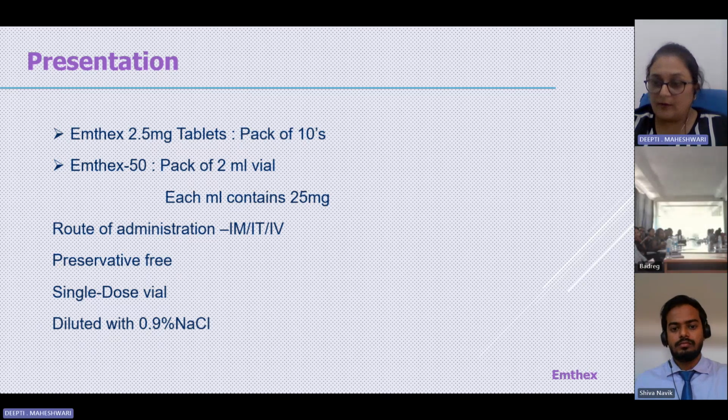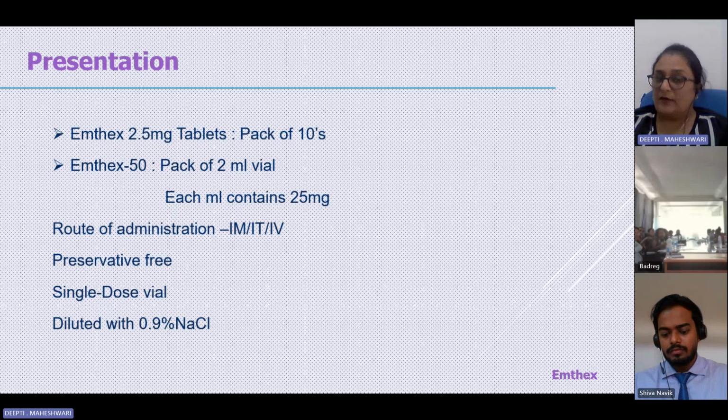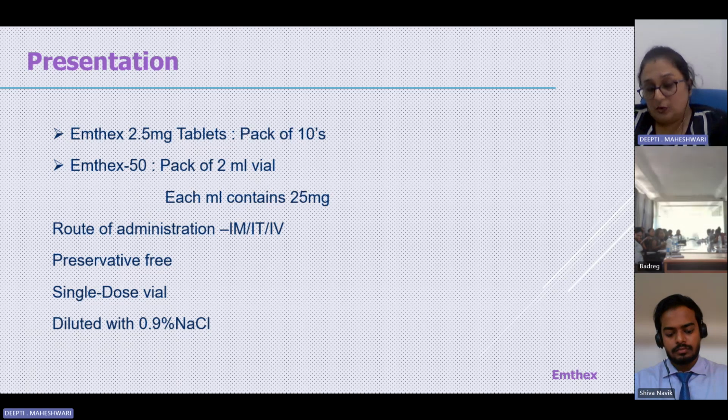What is the route of administration? It can be given intramuscularly, that means administered into the muscles. It can be given intravenously, into the veins. It can be given intrathecally, into the spinal cord so that it reaches the cerebrospinal fluid. So this is an added advantage.